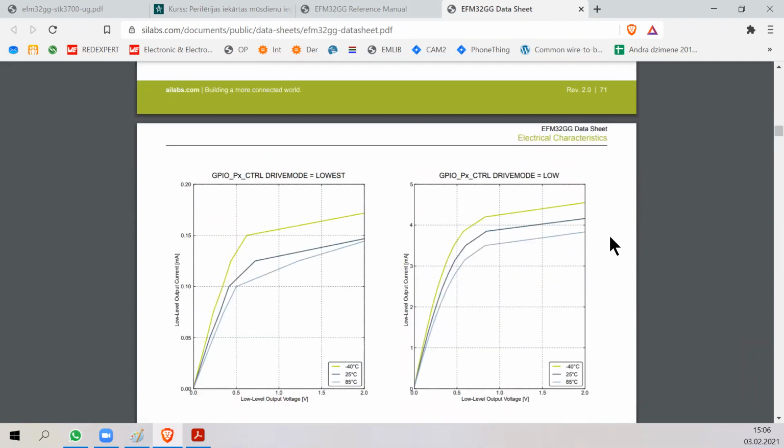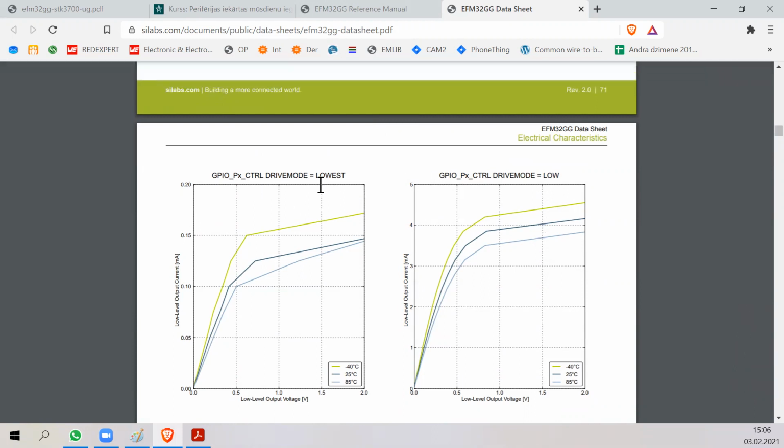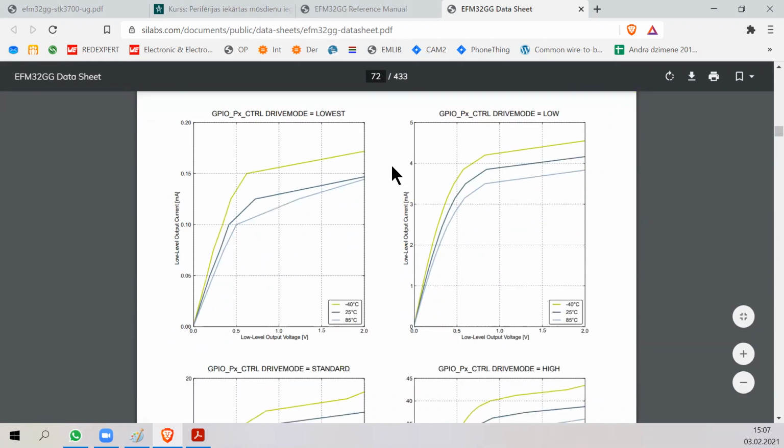You can connect, for example, an LED directly to the pin, and you can control how much current will flow through it, and the pin will lower its current automatically to match what you have set, so that you don't have to put a resistor in series with the LED. You can save on component count, because you can connect a load directly to the pin and just limit the current. Just be careful.